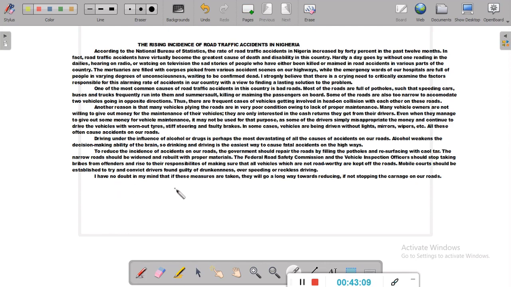Then our conclusion can be simple. For example, I have no doubt in my mind that if these measures are taken, they will go a long way towards reducing, if not stopping, the carnage on our roads. So that is exactly how to write an essay.